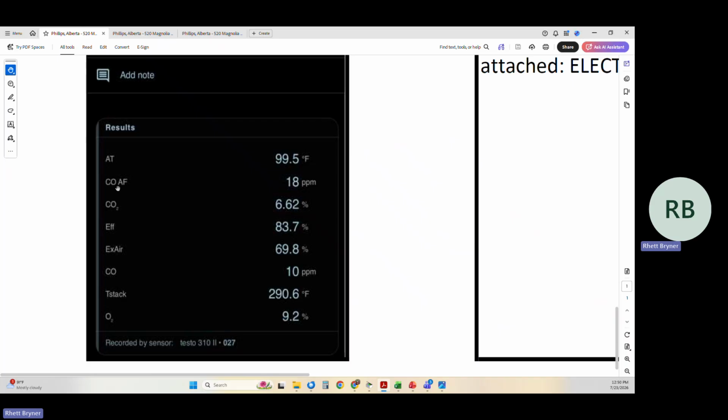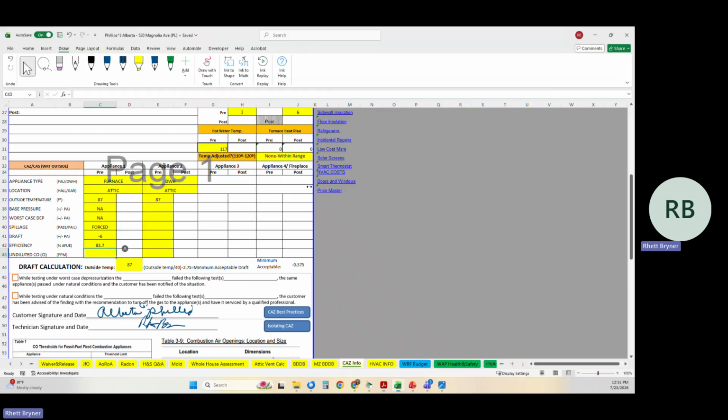So CO air free or COO is how it's sometimes represented. That is not the same as CO here, right? CO is carbon monoxide. COO or COAF for CO air free is a different reading. All right. So in this case, CO is 10, CO air free is 18. 18 is what we're looking for. All right. COO or CO air free.